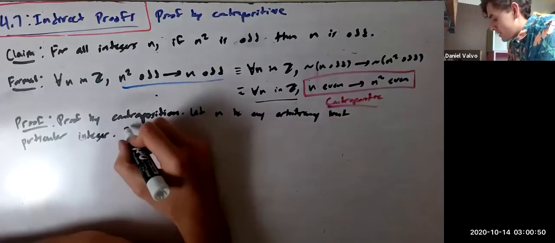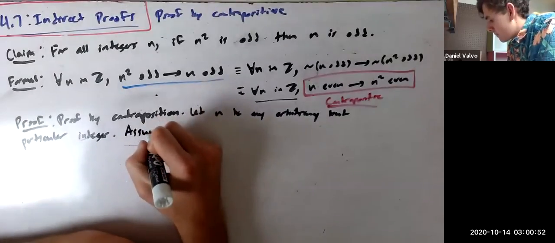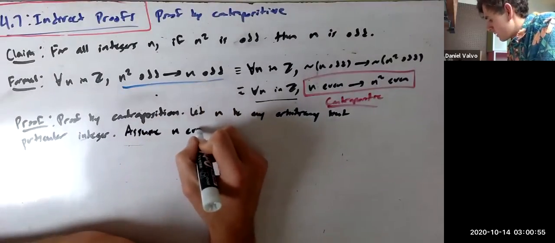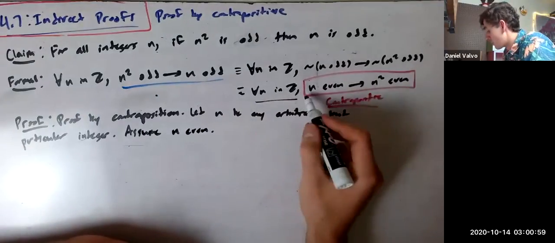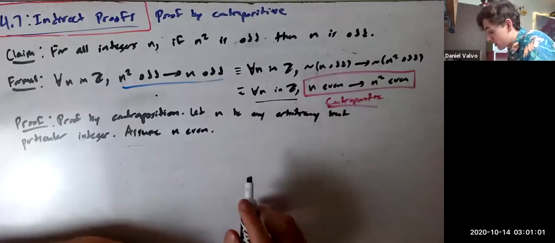And now assume the hypothesis. Assume n even. So we've just assumed that we're in the domain and the hypothesis is true. Let's prove the conclusion.